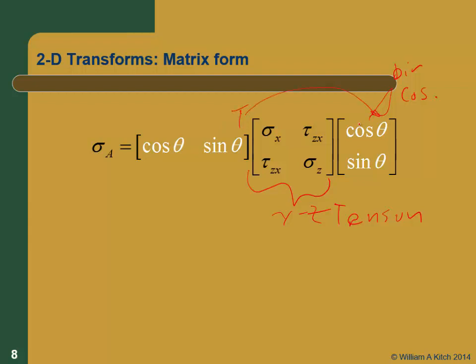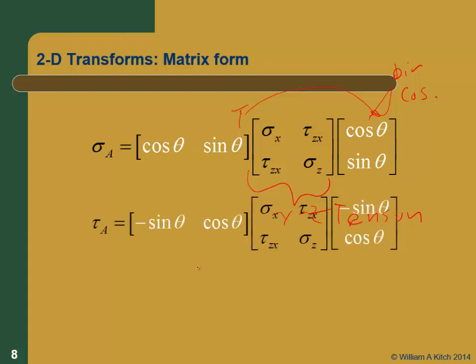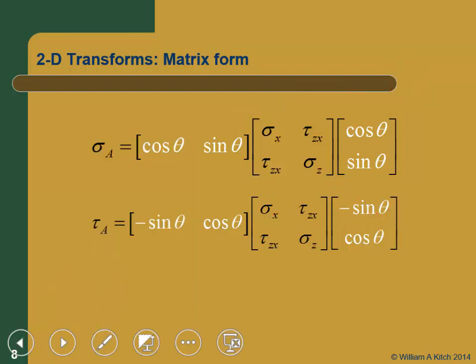So I'm just going to take this vector, transpose it, and pre and post multiply on the original tensor, and I'm going to get the sigma A. And I can do the same thing with the other direction cosines, which is the ones for the tau in the s direction, and I'm going to get tau A.